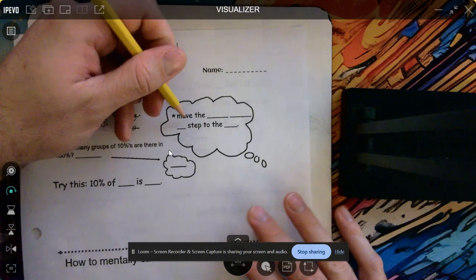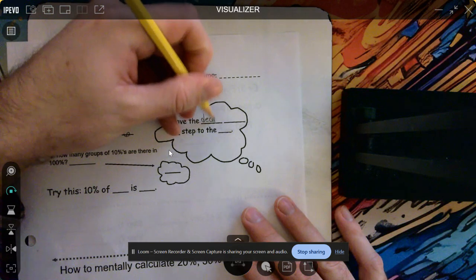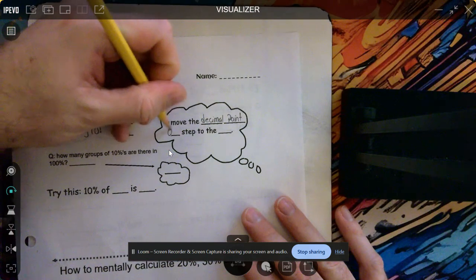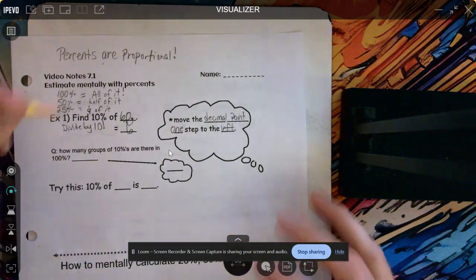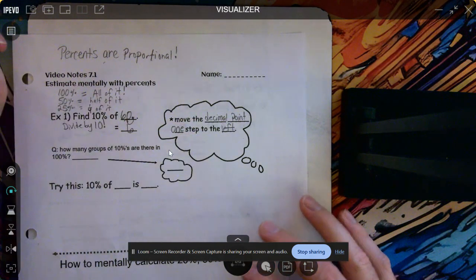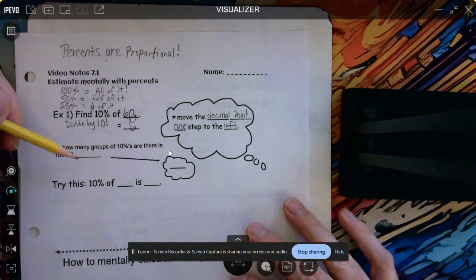So here in the box, we're going to move the decimal point 1 step to the left. When we're finding 10% of a number, we're just dividing by 10, otherwise known as moving the decimal place 1 to the left. Okay, so now let's think about this mentally. How many groups of 10s are there in 100?